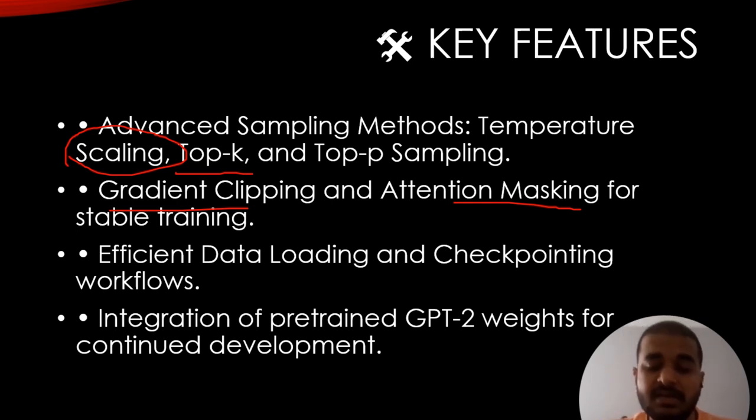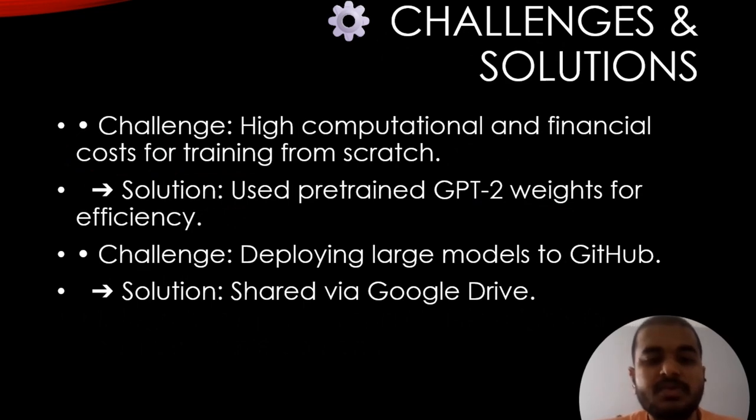As I told in the start, in order to make it efficient and cut down the cost, I have taken the pre-trained weights from OpenAI. OpenAI has officially released their weights publicly. The challenge is that high computation power is required to train such a large language model.